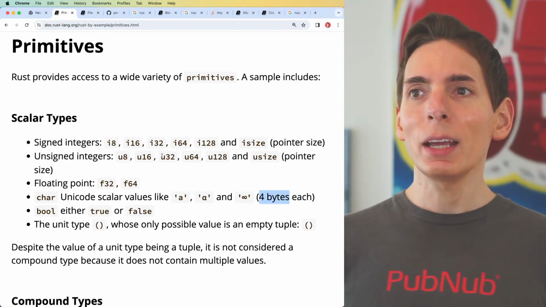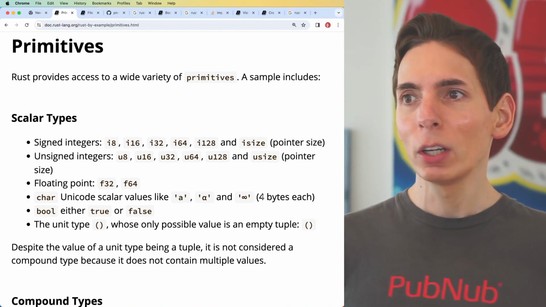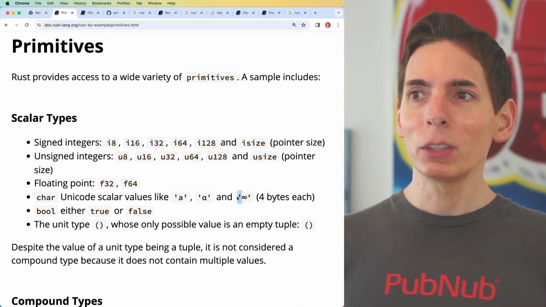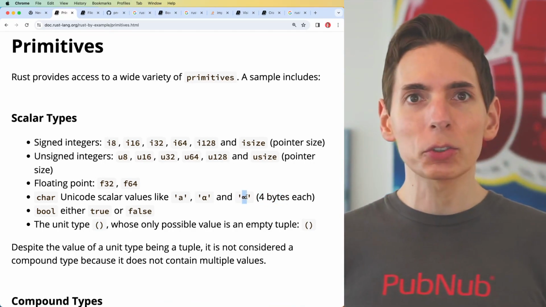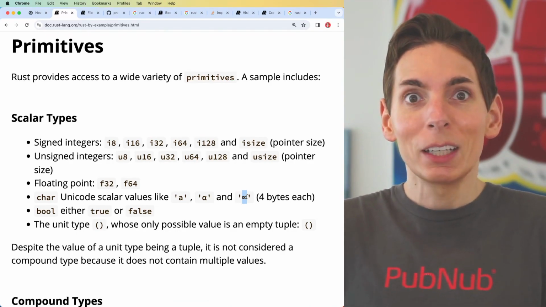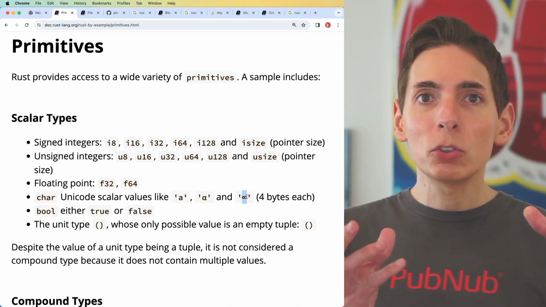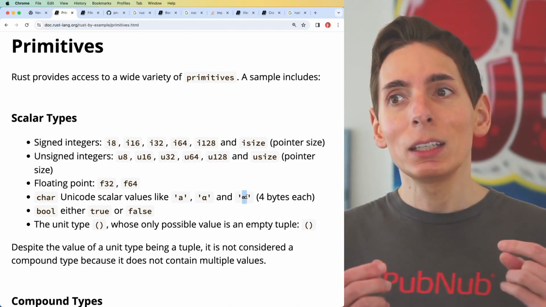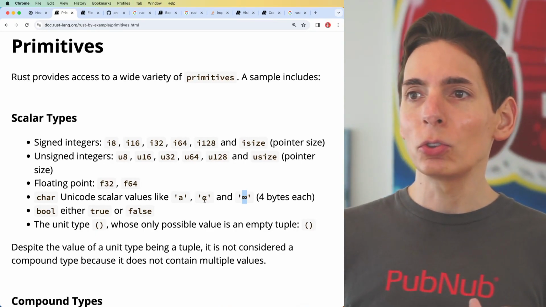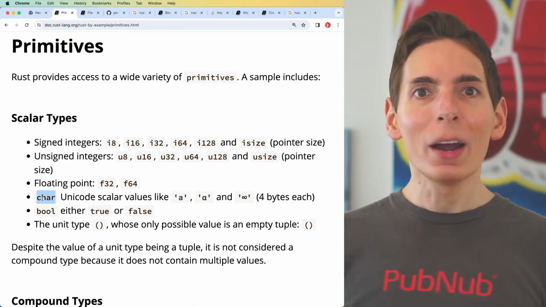So that will be probably a U32 in this case, right? Because we're going to use Unicode, 4 bytes. So that means that we can access every possible character ever written or needed, including emoticons and emojis, right? So we could use any symbolic characters used in any language and any alphanumeric characters used in the Latin languages. A character is going to be just one letter.